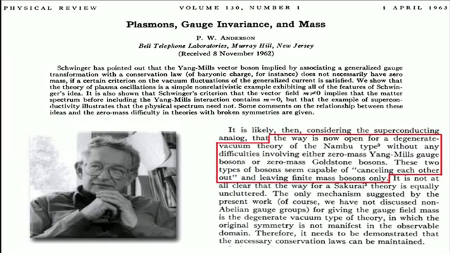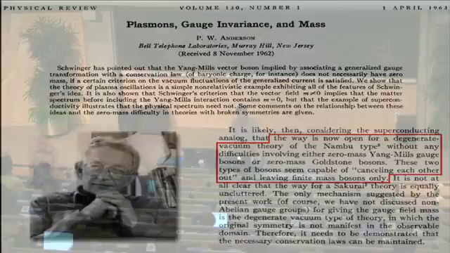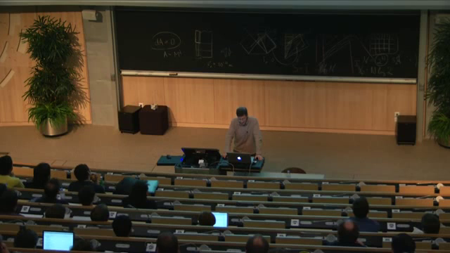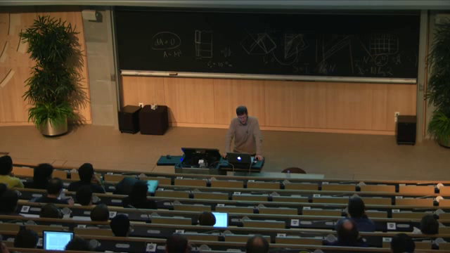And this is stated, for instance, in this quote from that paper: "The way is now open for a degenerate vacuum theory of the Nambu type," meaning spontaneous symmetry breaking, "without any difficulties involving either zero-mass Yang-Mills gauge bosons or zero-mass Goldstone bosons.